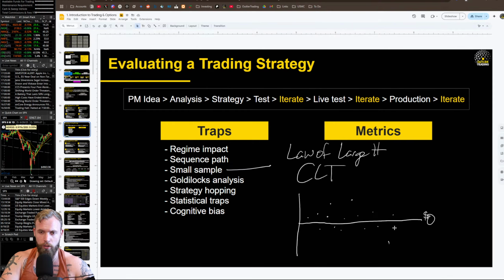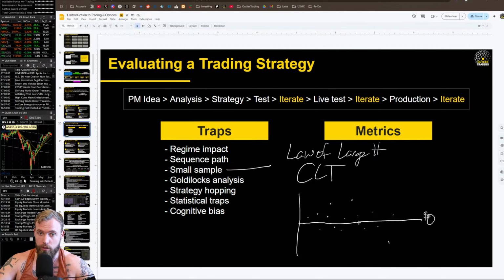The longer you do this process, the more that line of best fit represents your actual strategy and your actual performance. If you do not have a lot of dots, which are individual trades, and I'm going to show you a way to calculate the number of trades you need in order to have a 90% confidence interval that what you're doing is actually showing you the performance of the thing.